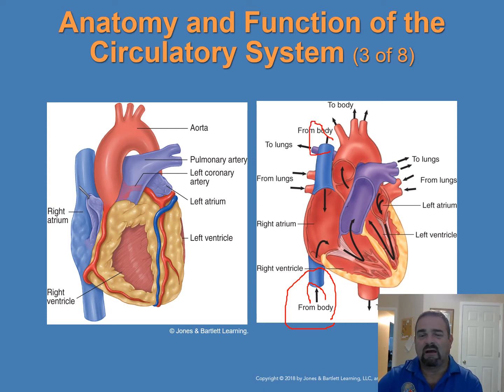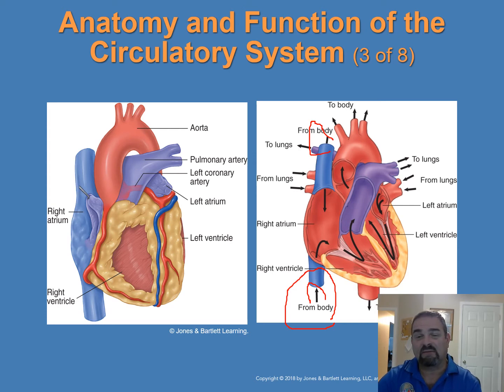Notice how the blood comes in from both of those vessels. The superior brings the unoxygenated blood from your arms and your head down into the right atrium, and the blood coming up from the inferior vena cava enters the right atrium from the lower legs and the lower parts of the body.